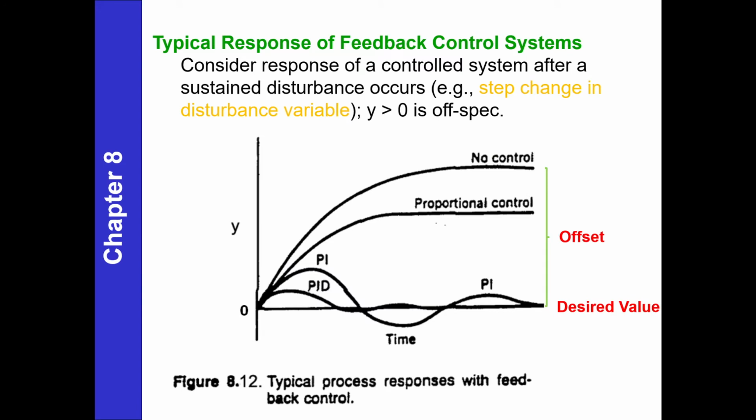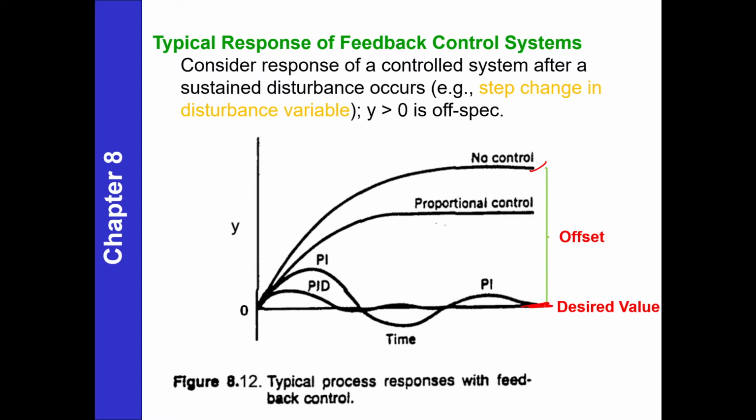Talking about response, as you can see in this figure, these are the responses when you have different modes. Without a control system, or without a controller, you will get this response, where there is no control and it's very far away from your set point.